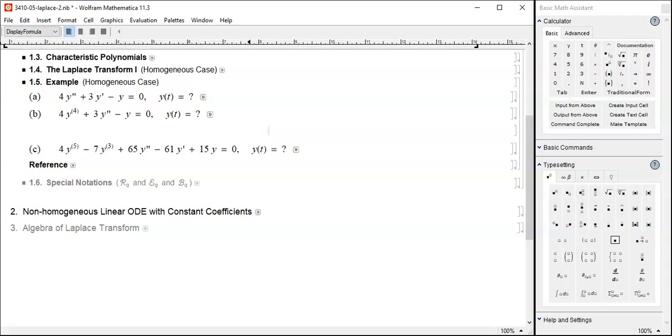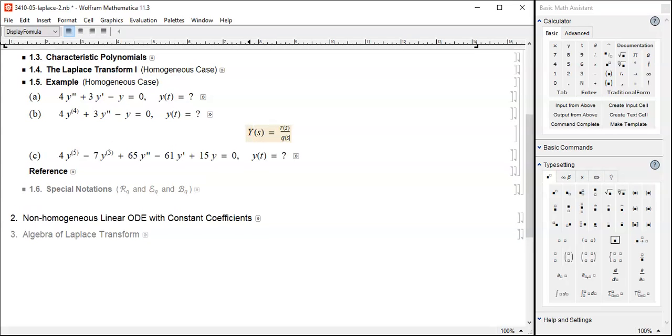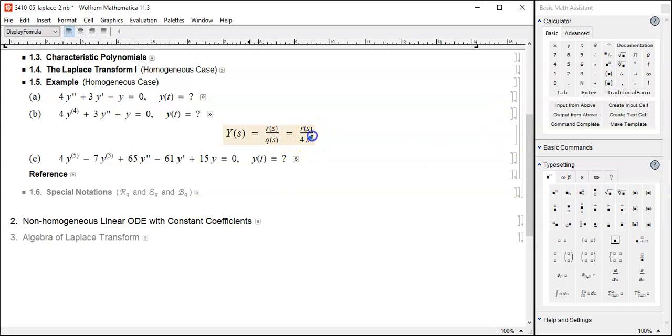So capital Y should be R of s over Q of s, and R of s, which I don't care about and don't really have to know, and Q of s is 4s to the what power? 4th power, plus 3s to the what power? 2nd power, minus 1, coming from here.